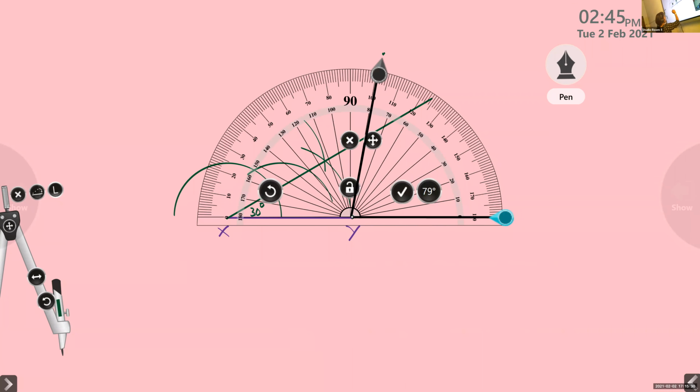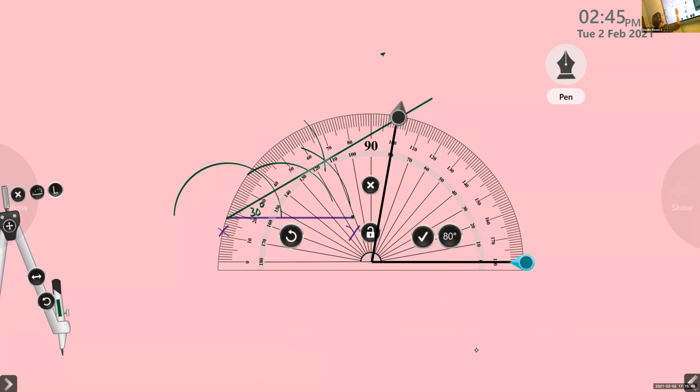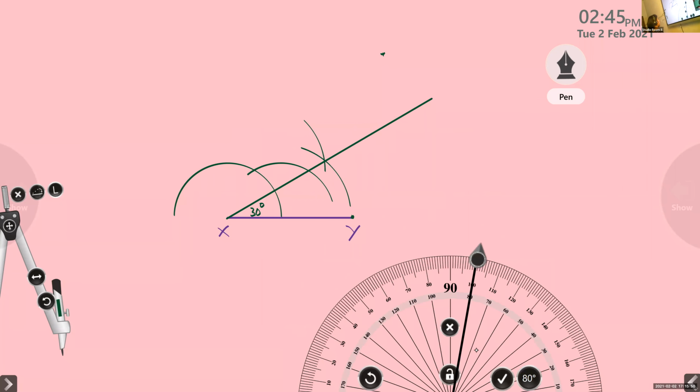From 0 you count 10, 20, up to 100°. Take 100° and put a point over there. Now remove the protractor.